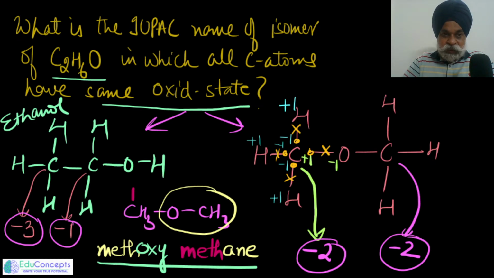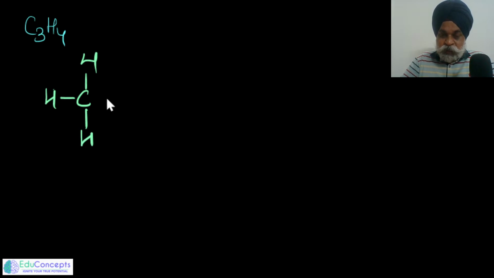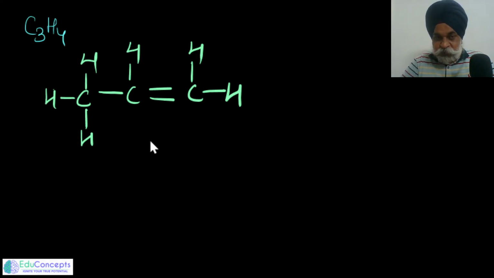Now coming on to the next part, let me pose some more questions. Now C3H4. C3H4 would have different isomeric forms. This is very, very interesting, because if I go with the formula C3H4, what exactly do I get?